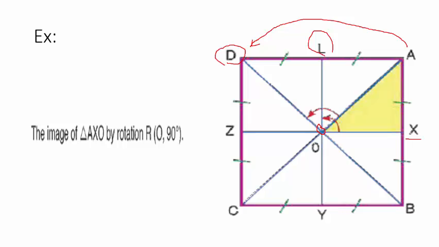Then this is the image of this triangle. DLO is the image of AXO by rotation about O with 90 degrees.